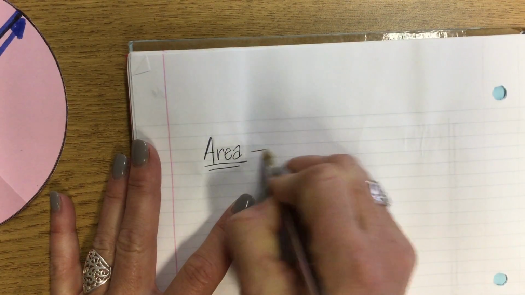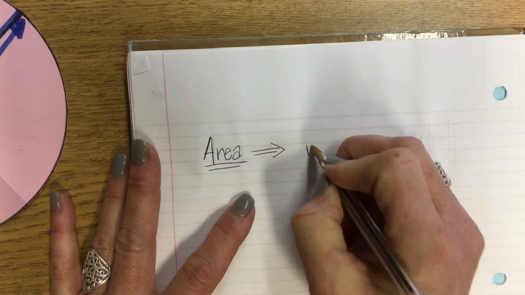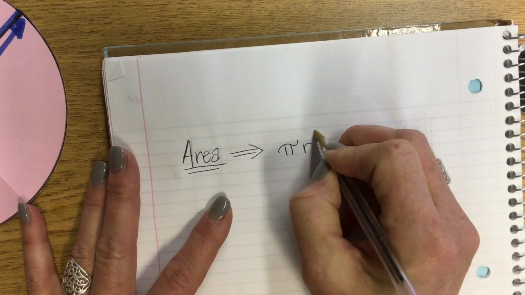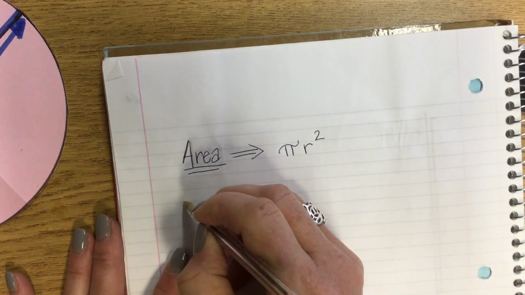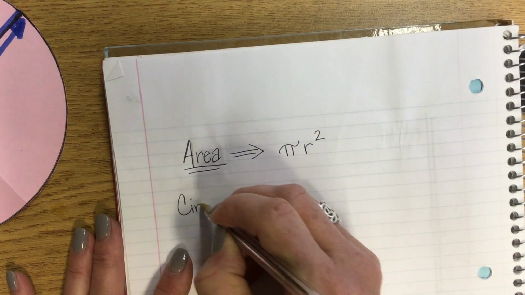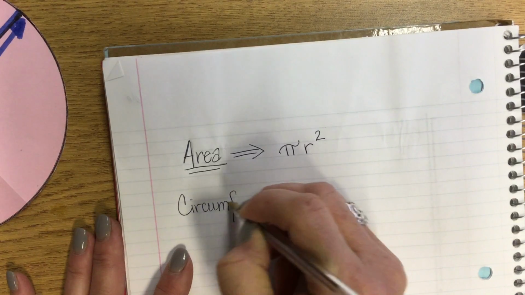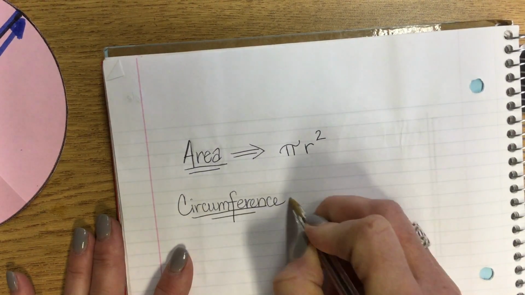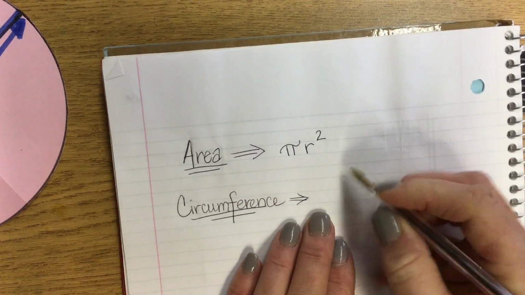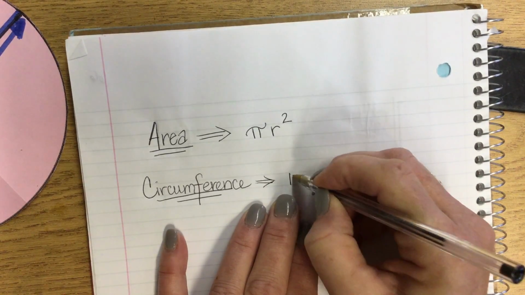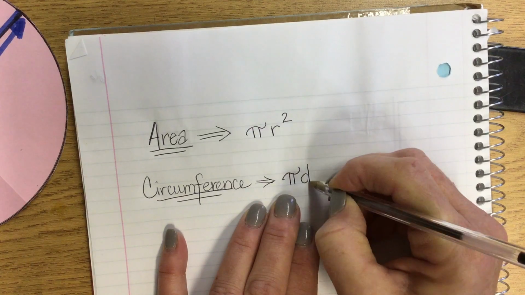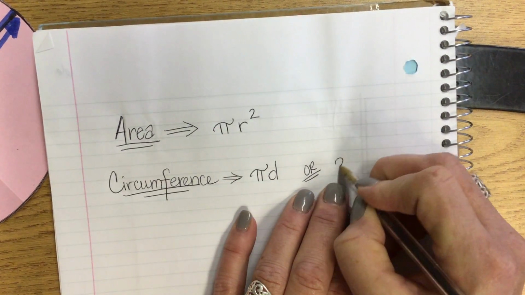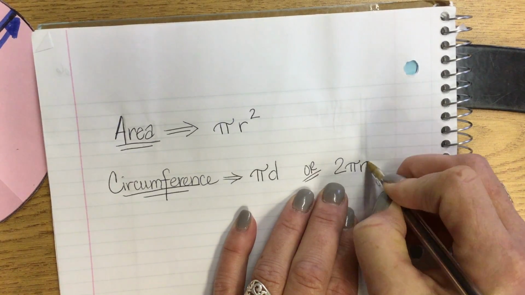The formula for area is pi r squared, and we're going to talk about pi tomorrow. The circumference, if we're given the diameter, is pi times d, or 2 pi r.